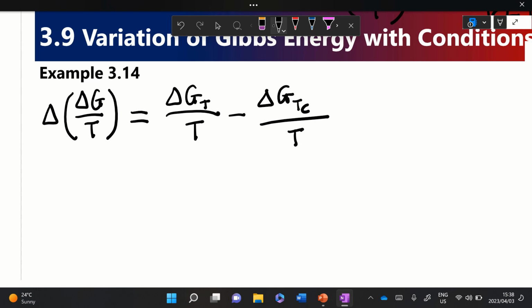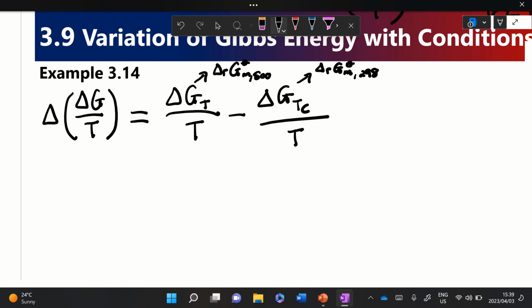You see that's the delta. We just made it explicit in the sense that the two G's are the ones that are dependent on whatever they are. So remember, that's essentially saying delta rG standard molar at 500, and that's essentially saying delta rG molar at 298.